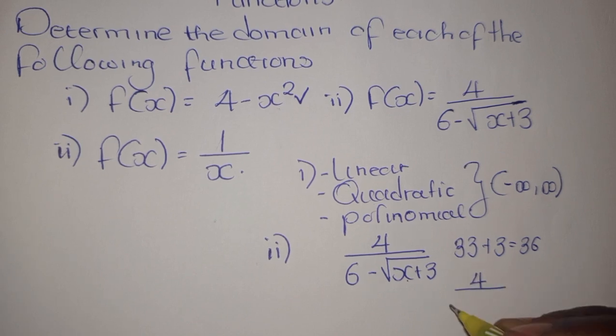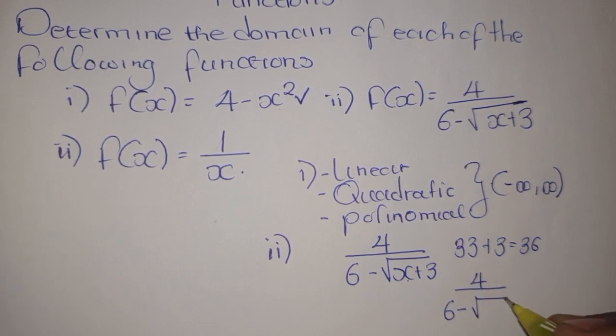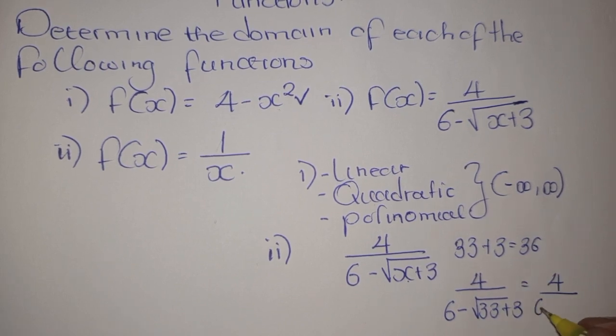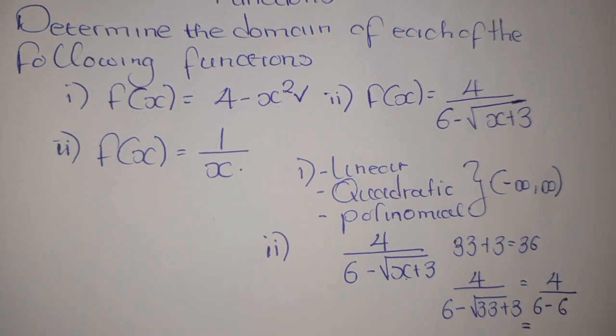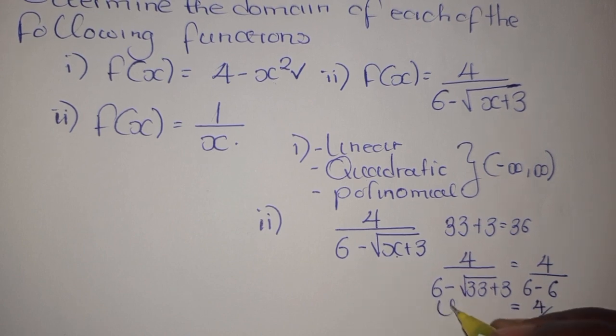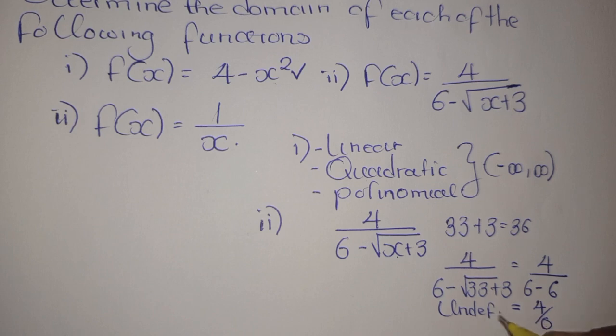So we have 4 over 6 minus the square root of 33 plus 3, which is equal to 4 over 6 minus, remember here we have 36, and the square root of 36 is basically 6. And 6 minus 6 is basically 0. Of which you know that any number divided by 0 is undefined.